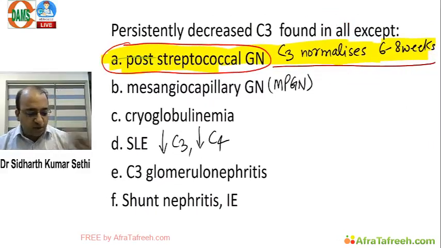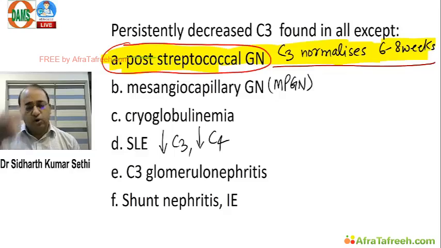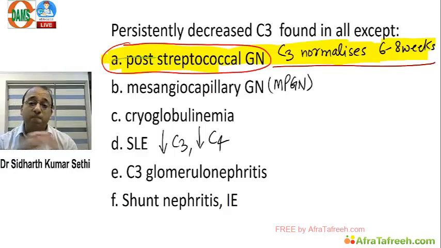Then there is a new name for MPGN, C3 glomerulonephritis. Hydrocephalus shunts also, and infective endocarditis also lead to immune complexes in our body. If there are immune complexes, C3 is low.